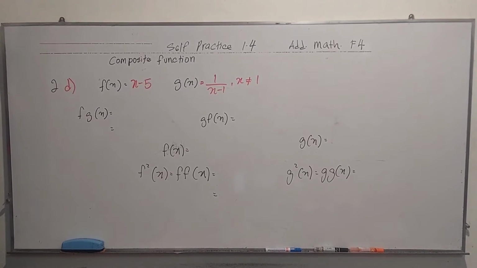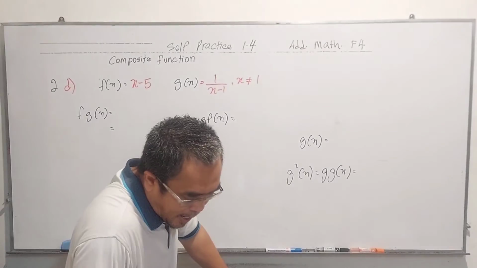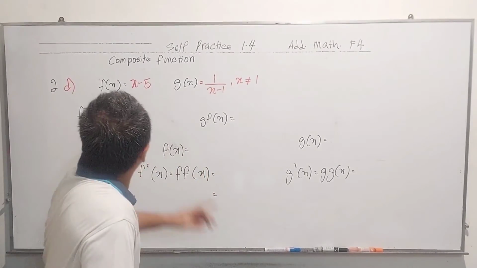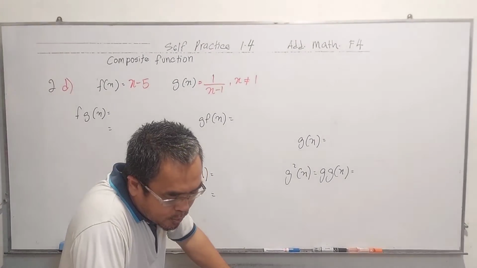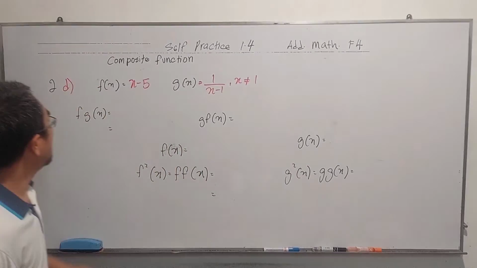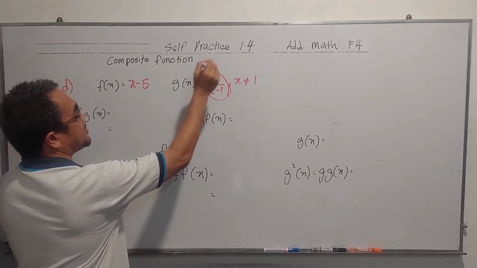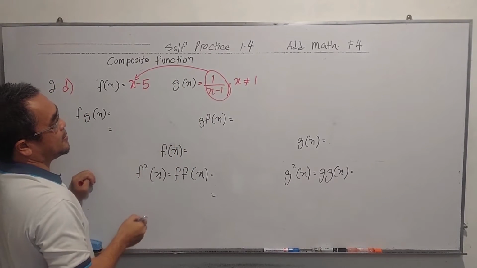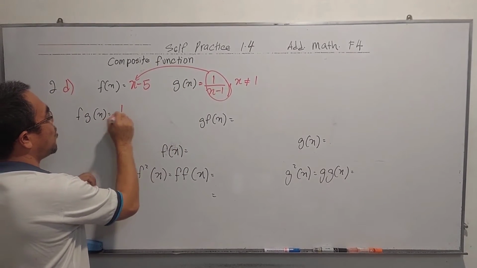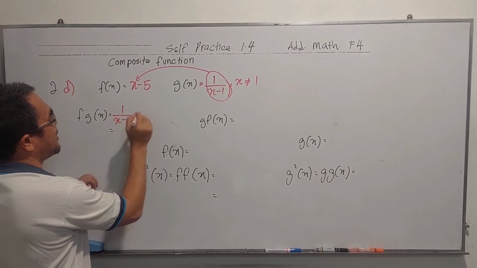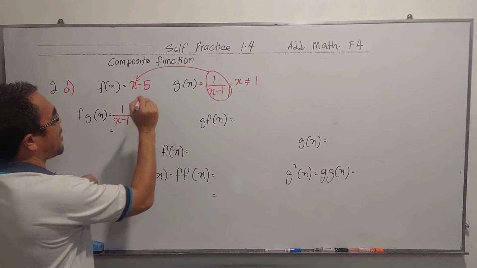Okay, let's continue with question 2D. f(x) is x minus 5 and g(x) is 1 over x minus 1. So fg(x) will be, replace this where x is. So it becomes 1 over x minus 1, minus 5.